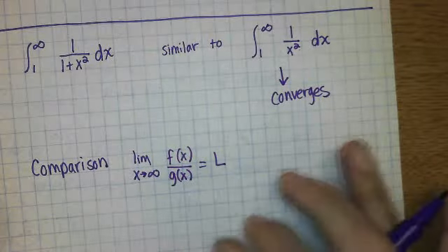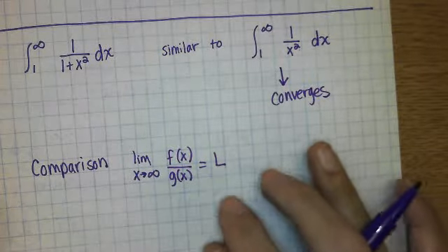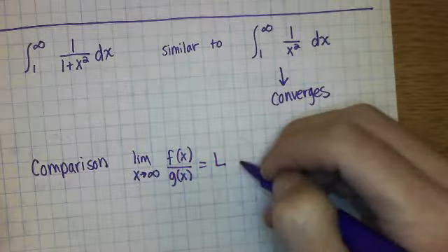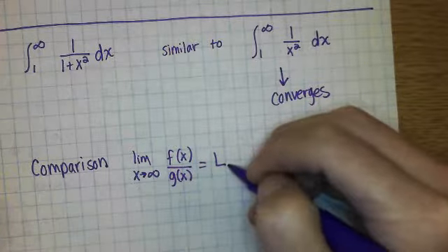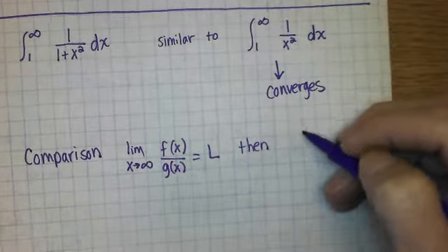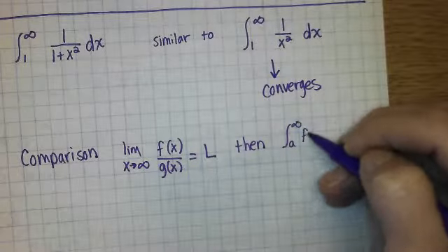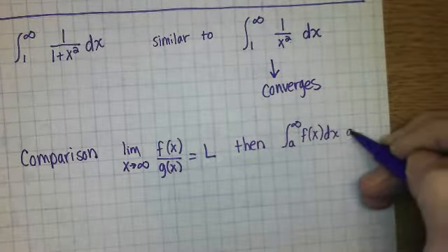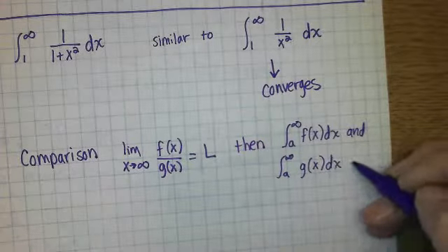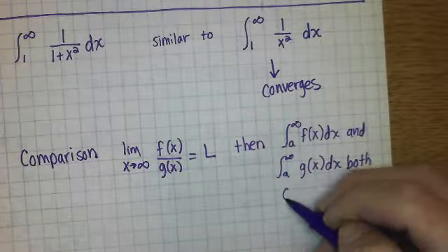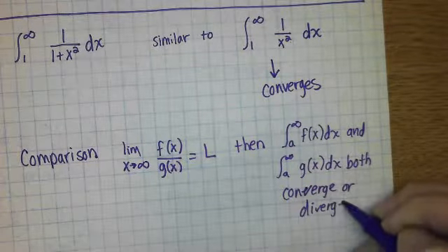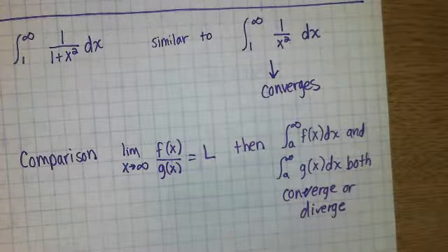If we look at these two and the comparison does go to some limit, then we can say that the improper integral for f of x, the area under that curve, and the integral under the other function both converge or both diverge. So they have to be doing the same thing if that limit between those two exists.